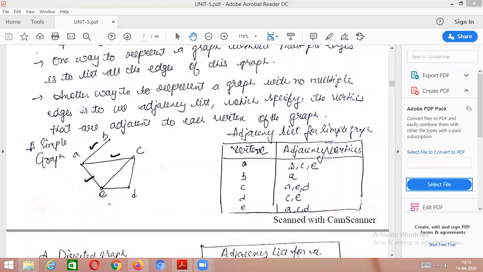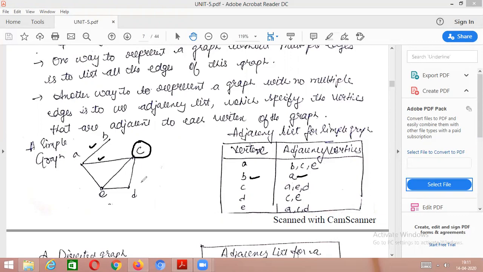So we write that in table form. When you come to vertex B, what are the adjacent vertices? Only A. When you come to C, what are the adjacent vertices?